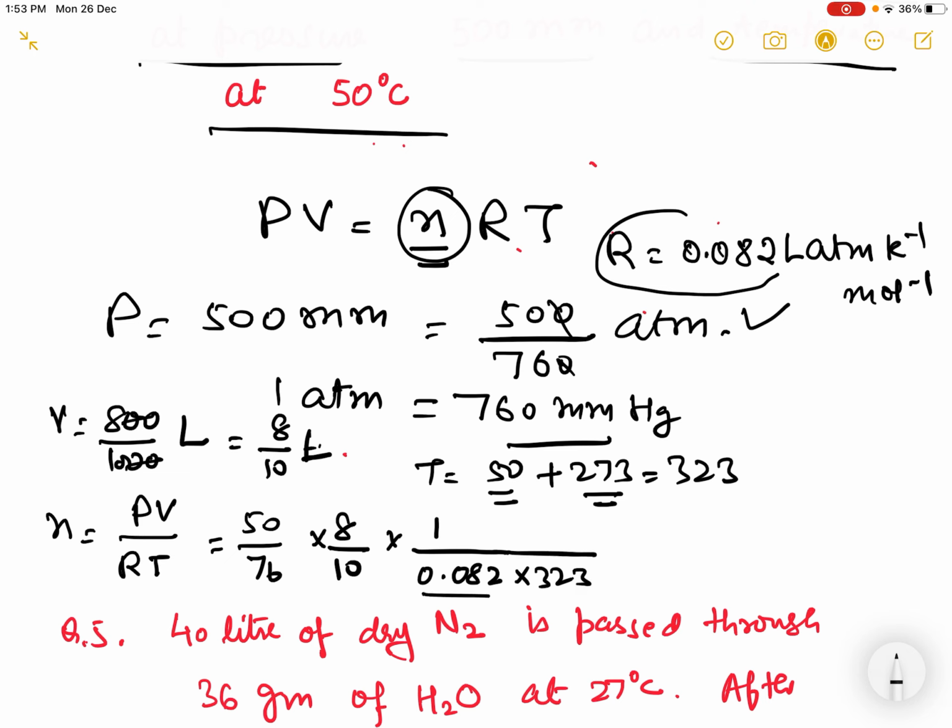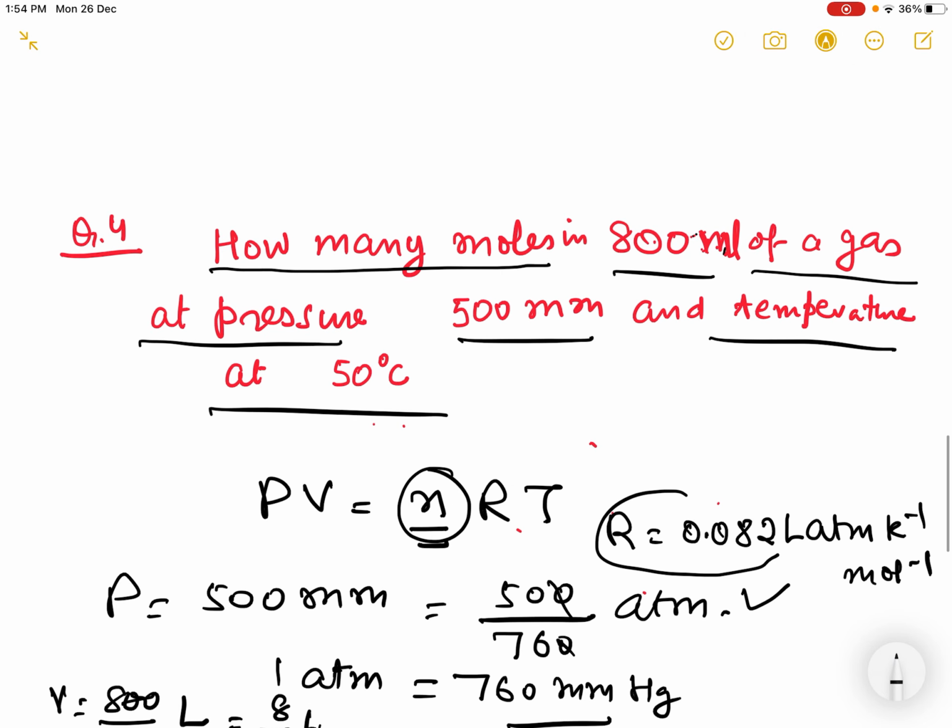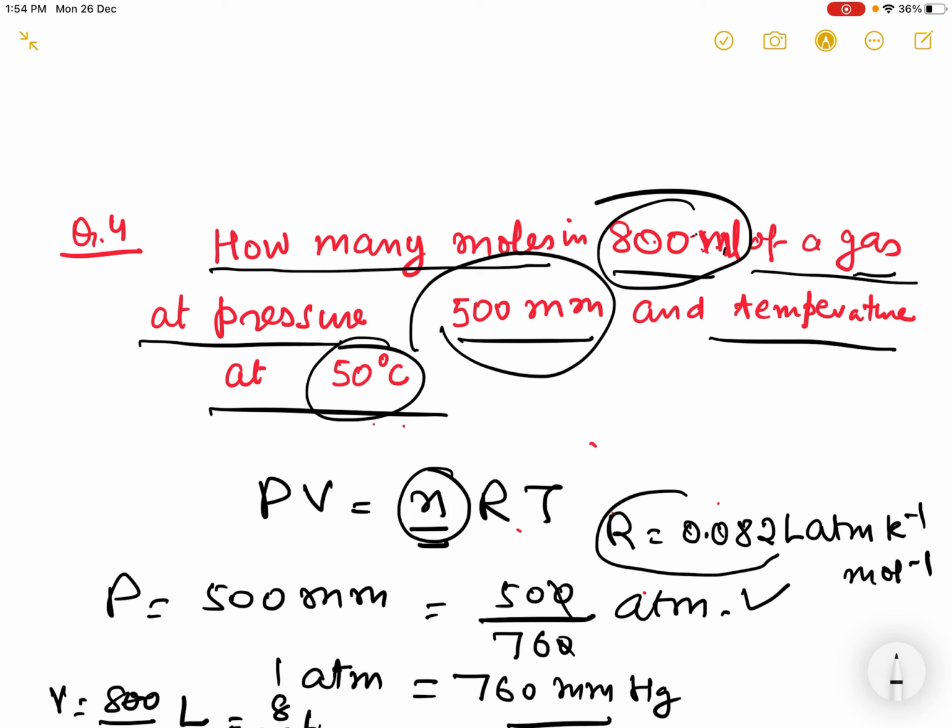This is R and this is T. If we calculate it, we get that number of moles is equal to 0.0198 moles of the gas is present in 800 milliliter at this much of pressure and at this much of temperature.